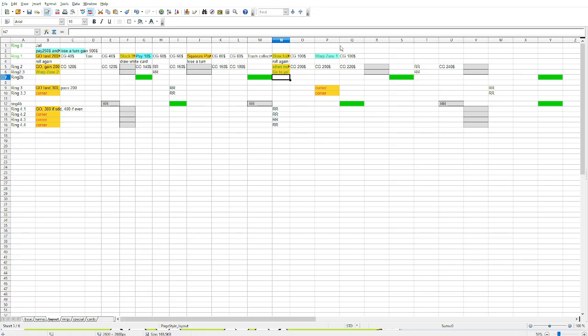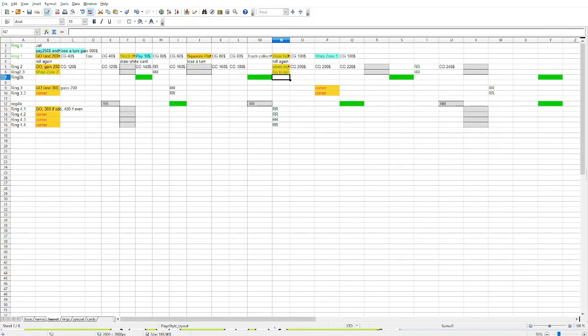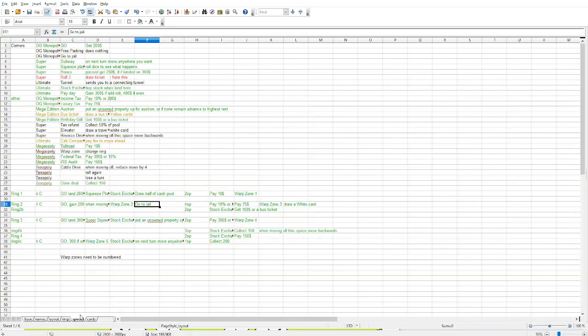All right, so where are the locations that I'm going to put the special spaces in ring 2? Actually, I have no idea. Anyways, I actually have 4 of them.